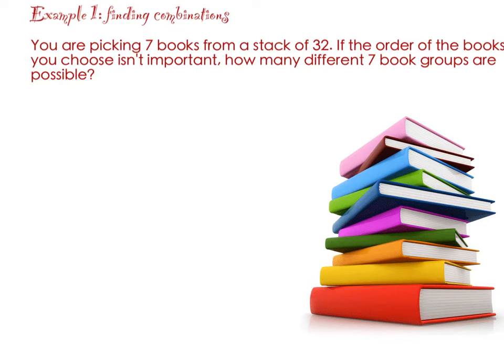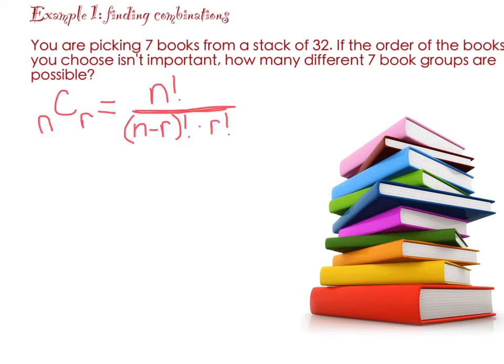Alright, so let's do an example. You are picking 7 books from a stack of 32. If the order of the books you choose is not important, how many different 7-book groups are possible? So instead of counting out, making a tree, figuring out all the different combinations we could possibly have, you can use the combination principle, NCR, and we have N equals 32 books, and we are choosing R equals 7 of them.